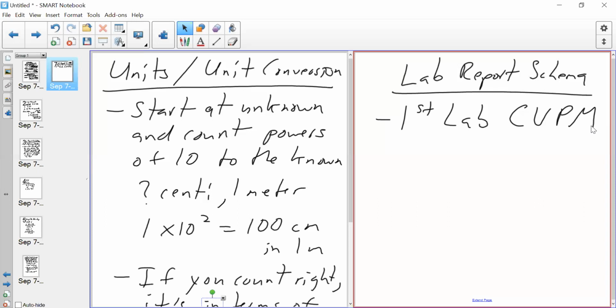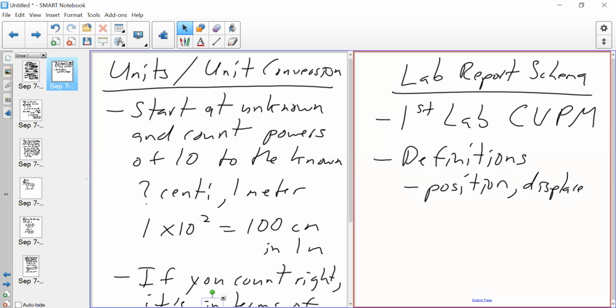So first lab is CVPM. Before we get into the meat and bones of that, I'll start off with definitions like position, displacement. You will find those in your second chapter of your book. So we're going all in line. The method is unimportant. The content is important.